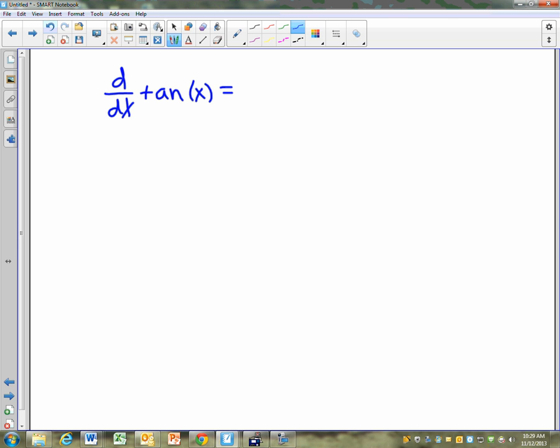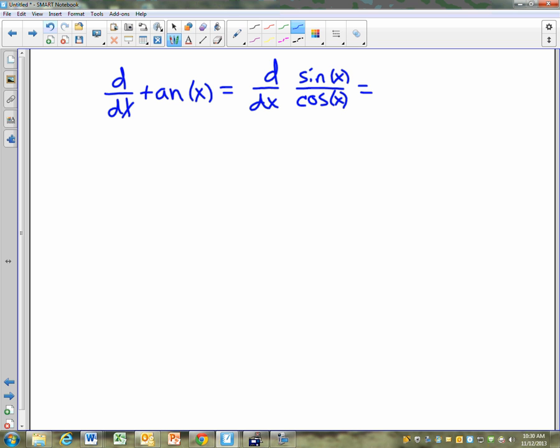How can you rewrite tangent? So watch how cool this works. Once you've established sine and cosine as derivatives, the rest are quite easy. I'm going to rewrite tangent as sine over cosine. I'm going to take the derivative.